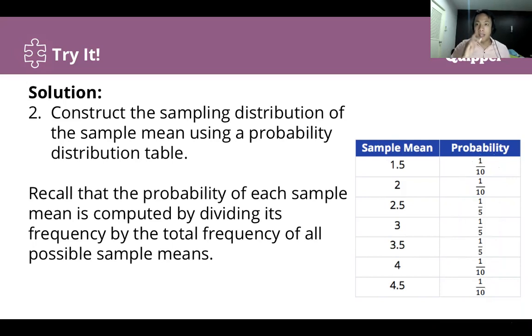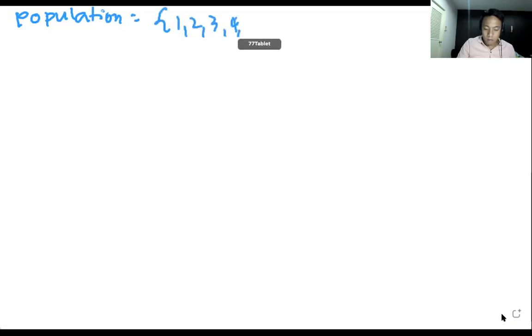Okay? Let us do another example. I will make the numbers bigger. Okay? So I will share my whiteboard. Okay. So we have here, for example, our population is this: 1, 2, 3, 4, 5, 6, 7, and 8.